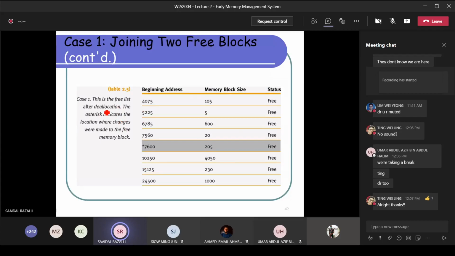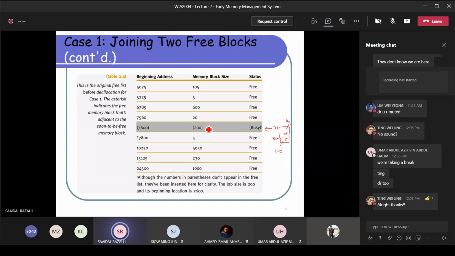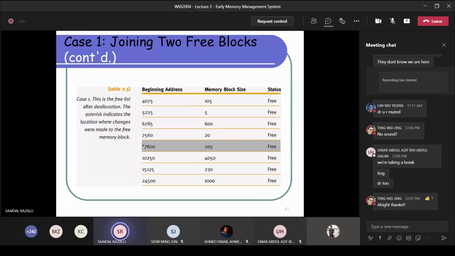So after this, the S3 indicates the location where changes were made to the free memory block. So after the job has been finished or processed, you want to clear the memory block. So if this 200 is already free, meaning finished, you just combine this one, 205, beginning at the address location of 7600.